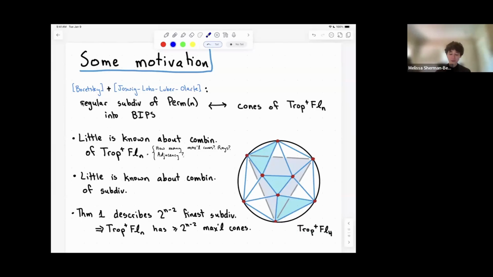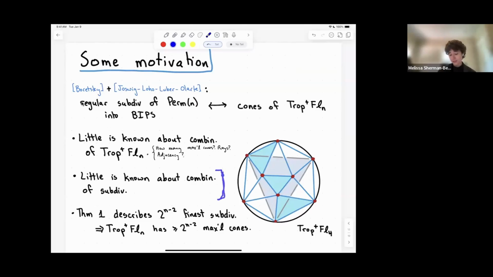Even though you can say, oh, well, the rays are going to correspond to these coarsest subdivisions, we don't actually know how many coarsest subdivisions there are, or really what they look like. And this is the next part where little is known.